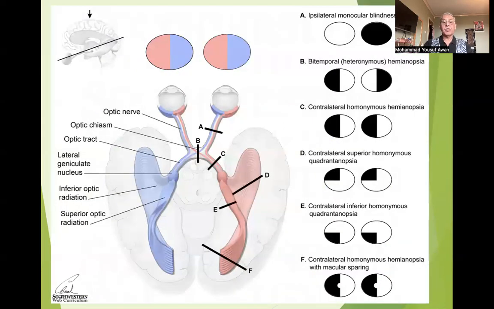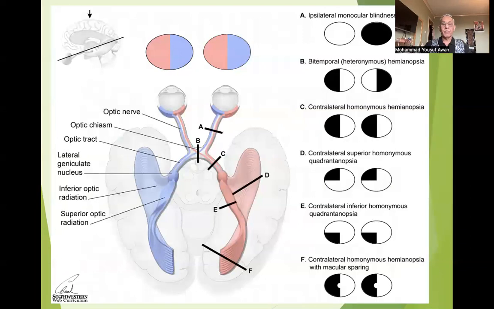Another very important slide when you are examining the second cranial nerve can give you important information. A lesion of the optic nerve will cause complete blindness in the same eye. Optic chiasma will cause bitemporal hemianopia, both sides.